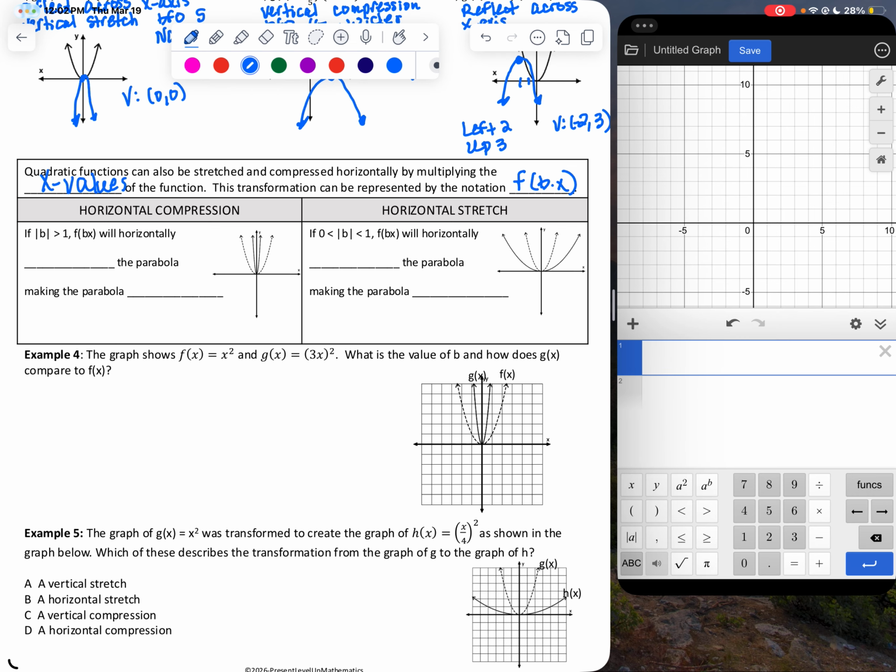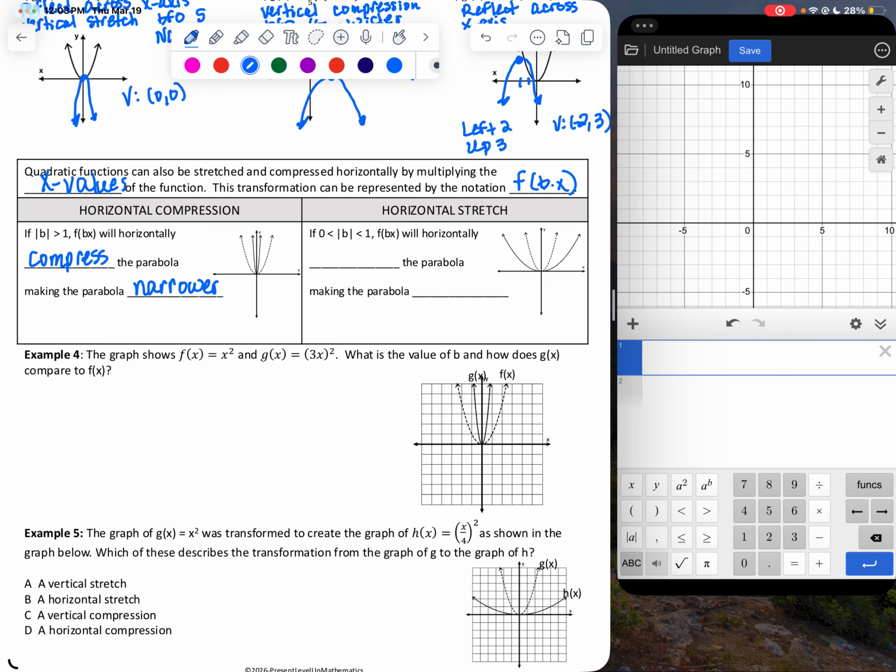And anytime you have something inside the parentheses, it only affects the x values. Now, if the absolute value of b is greater than 1, then f of x will horizontally compress the parabola, making the parabola appear narrower.